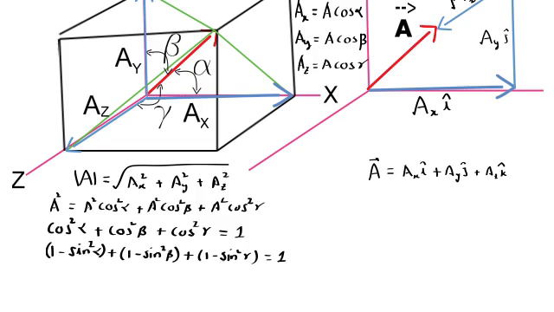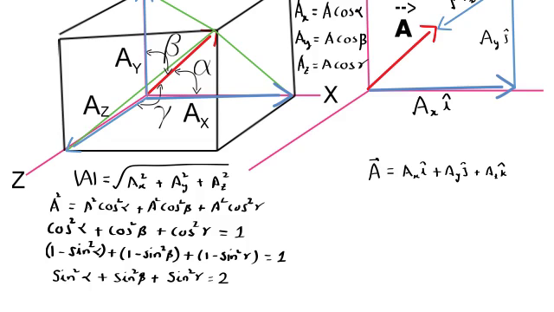I can rearrange them, and the result that I finally get will be sin square alpha plus sin square beta plus sin square gamma equal to 2. That means if alpha, beta and gamma are the angles which any vector makes with the x, y and z axis respectively, we will always have sin square alpha plus sin square beta plus sin square gamma equal to 2.